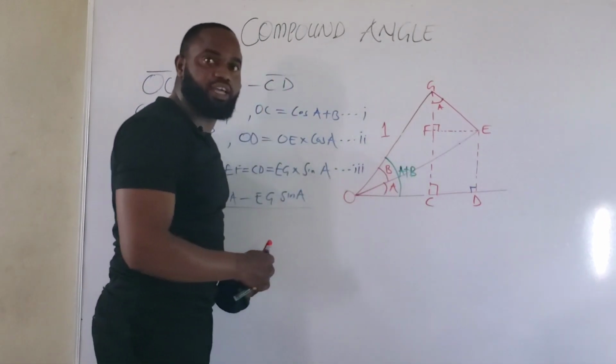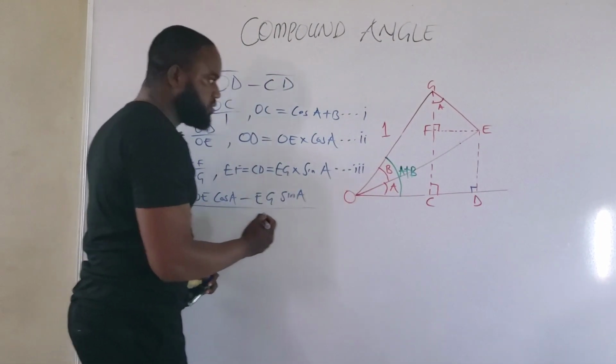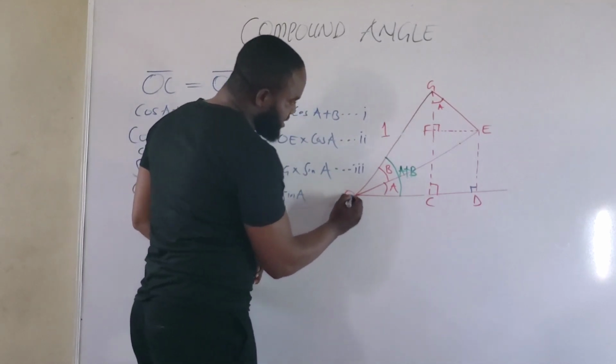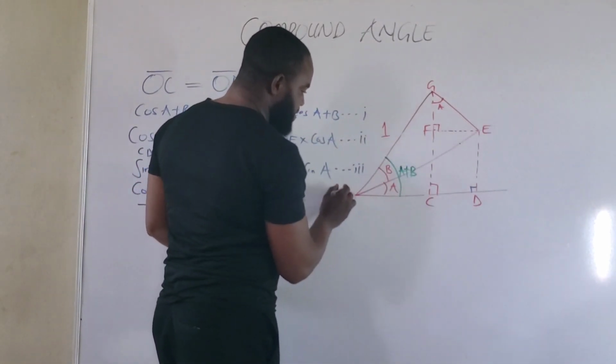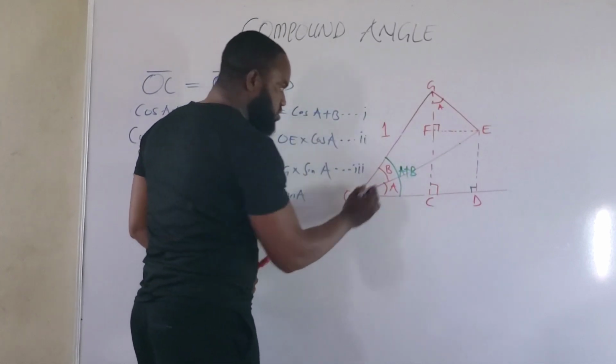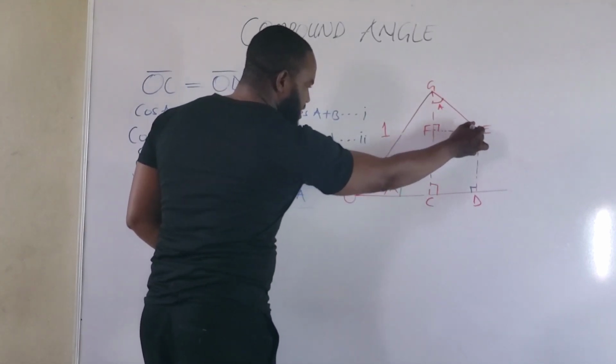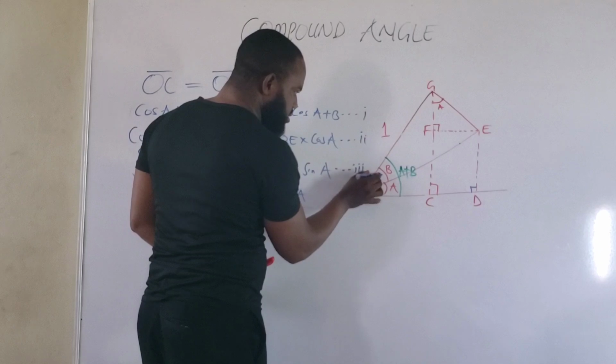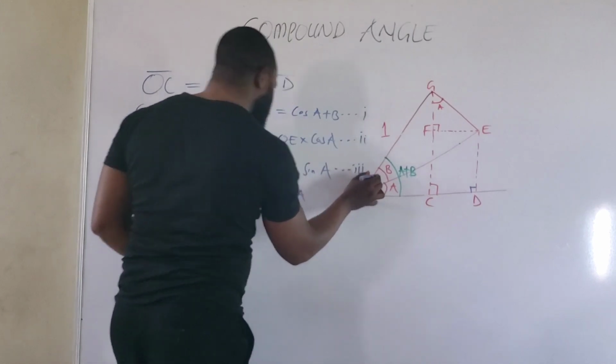Let's look here again. Now what is OE? OE is the distance from here to here and is found in the triangle OEG, right? Now OE is adjacent to the angle B in the triangle, right?